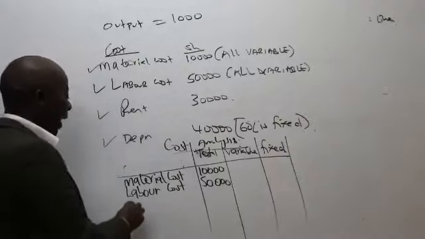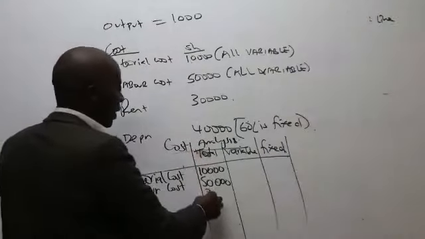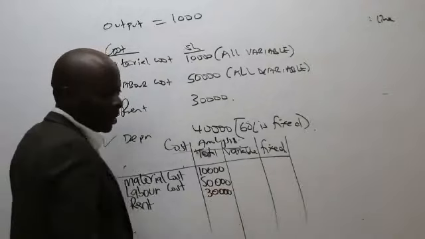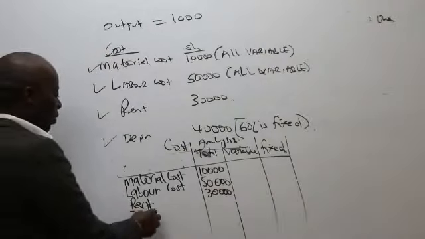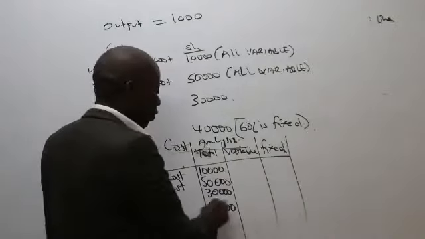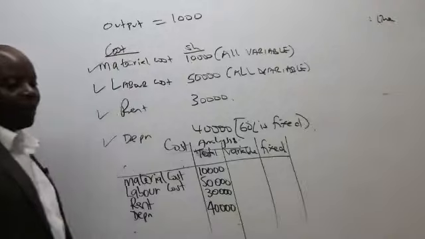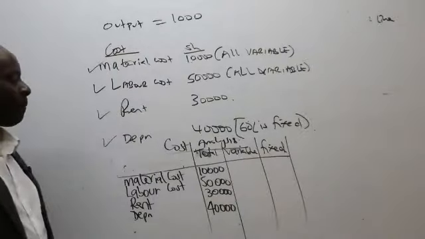From there, we have rent, a total figure of 30,000. And then we have depreciation, 40,000. Thank you very much.